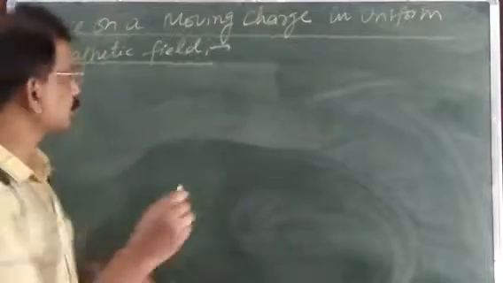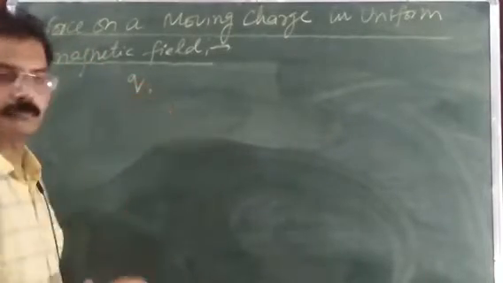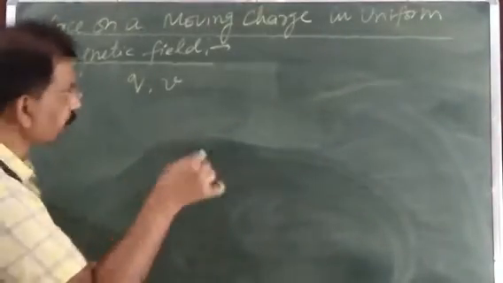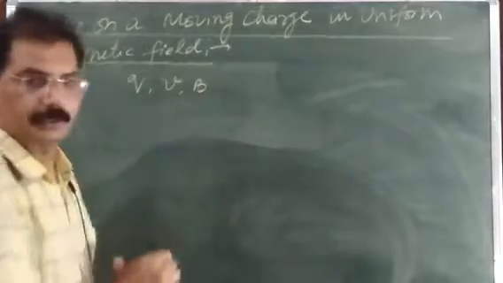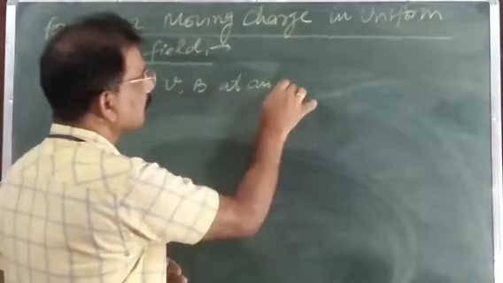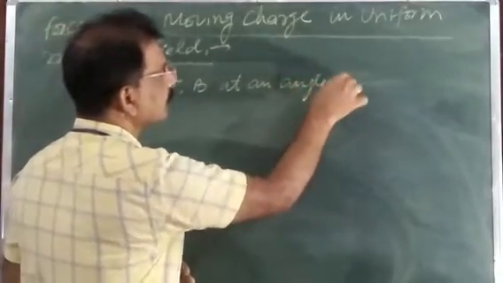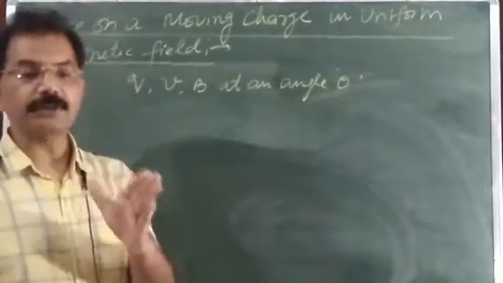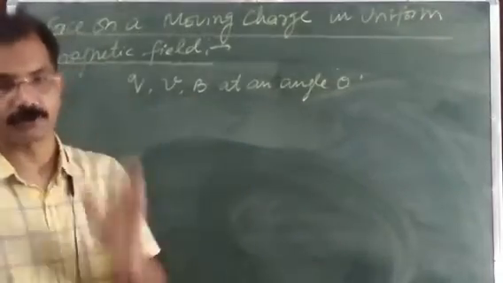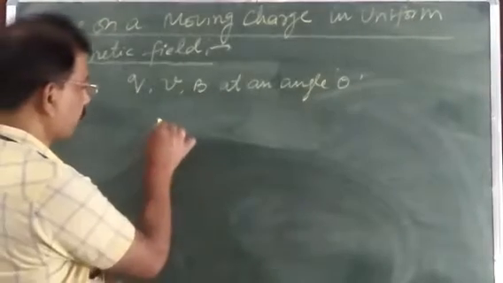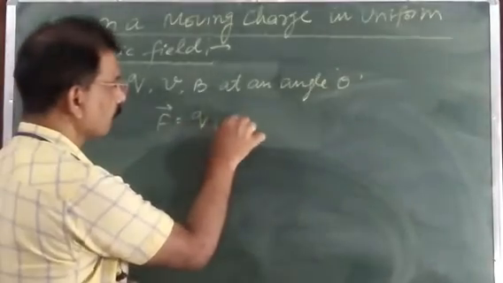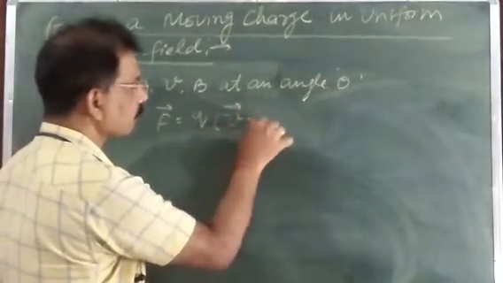Listen, when a charged particle Q moving with velocity v in a uniform magnetic field B at an angle theta, then it experiences a magnetic force, or in short, a force, and that force is given by F is equal to Q V cross B.